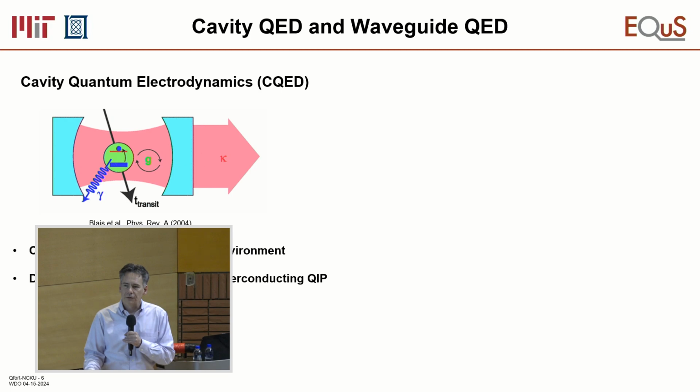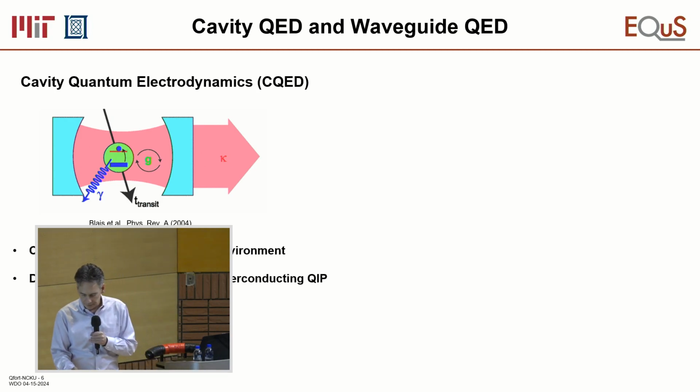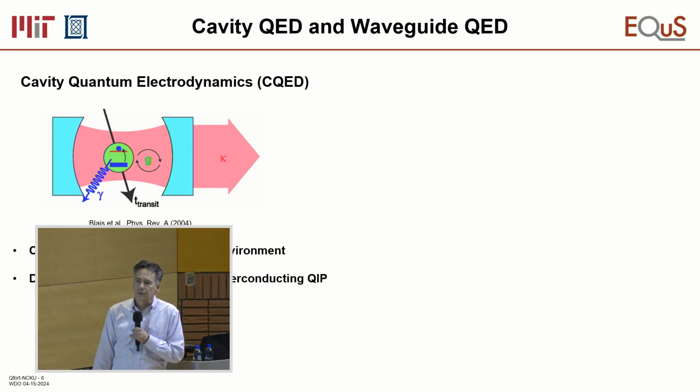It exchanges energy with the optical field at a rate g. And of course, energy escaping to this environment is not the only way that the qubit could lose energy. It could lose energy to internal degrees of freedom, and that's represented here by gamma. So this is how superconducting qubit architectures are basically driven today.